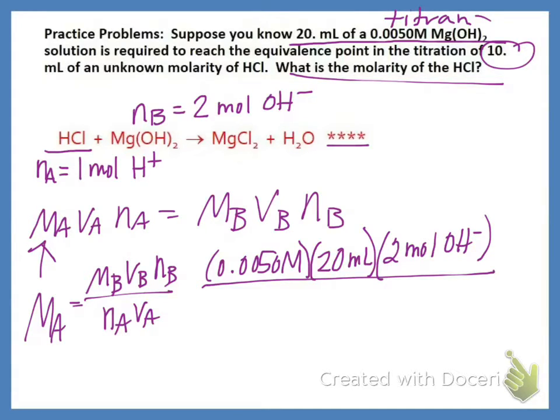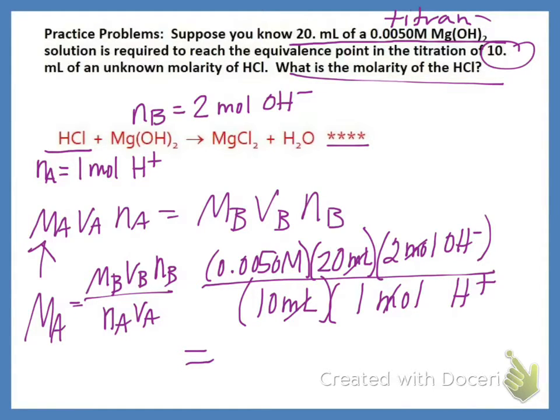Okay, so then you have 10 milliliters of acid that it used, and then 1 mole of hydrogen. So we're showing that for this particular reaction, it takes 2 moles of hydroxide and 1 mole of hydrogen that react. So now we plug that in our calculator, milliliters cancel out, and then moles cancel out.